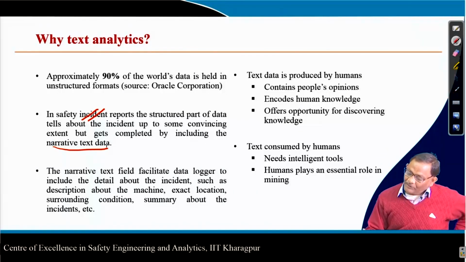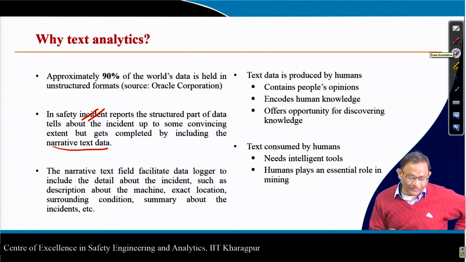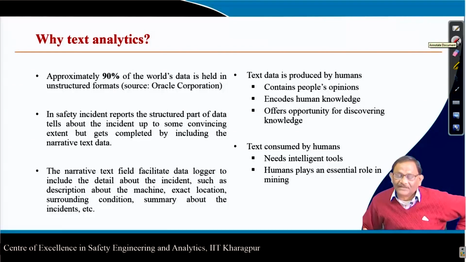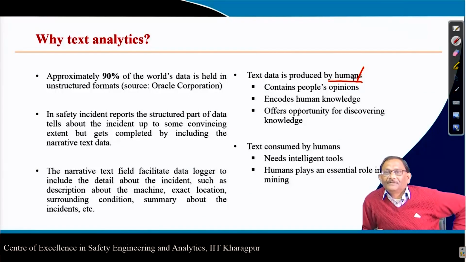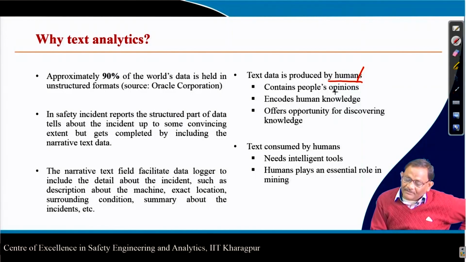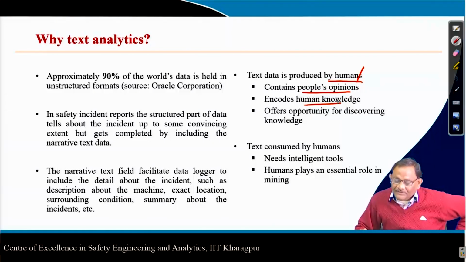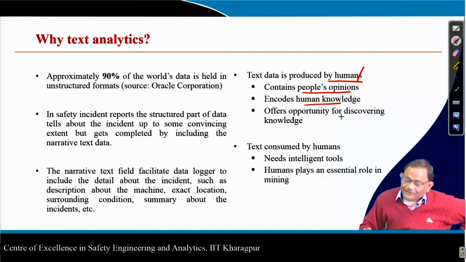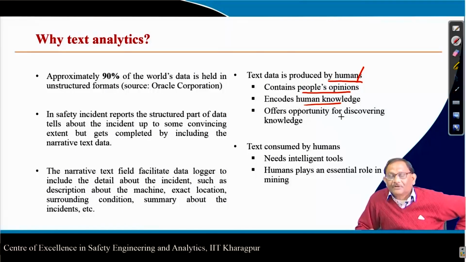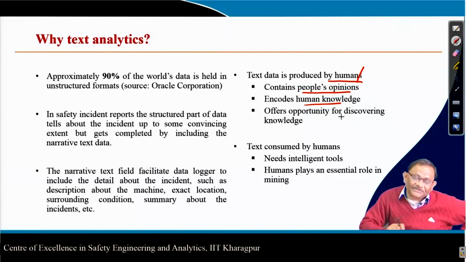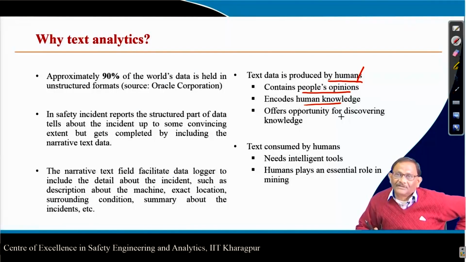Now, when we talk about text data, there are a few more important aspects. Text data are generally produced by humans, because it may be people's opinion or some kind of knowledge base, or offering an opportunity for discovering some knowledge, like these narratives, safety investigation reports.